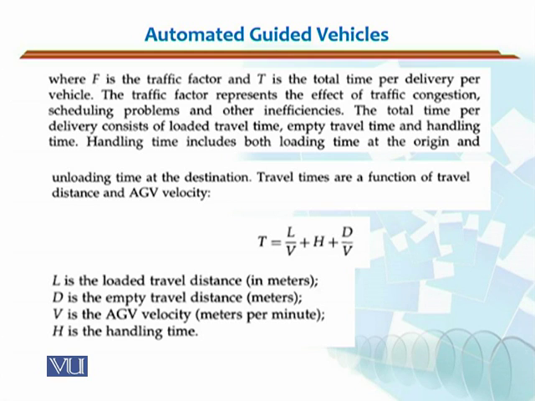V is the AGV velocity, in meters per minute. In other words, this is the speed of the AGV. H is the handling time. So we have the loaded travel time plus the handling time plus the unloaded travel time, which gives me the total time.